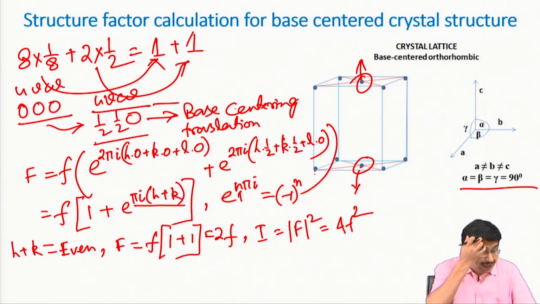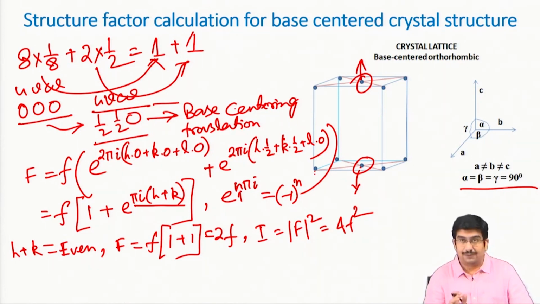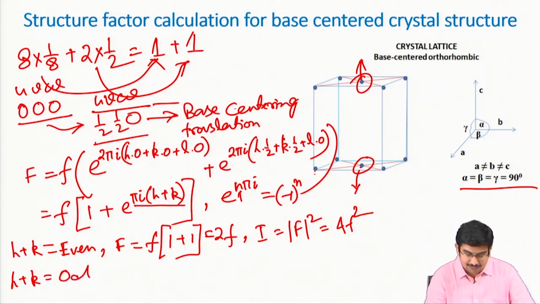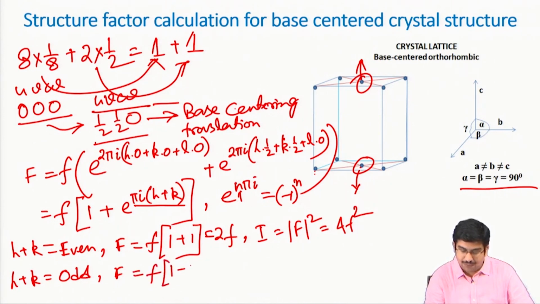Now what will happen if H plus K is odd? Then we will have F equals f into 1 minus 1 from the same relationship, 1 minus 1 equals 0.